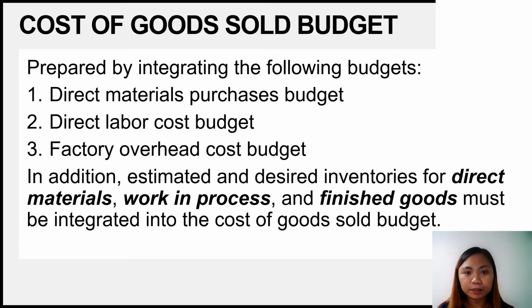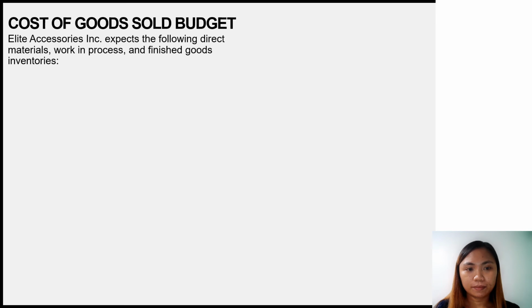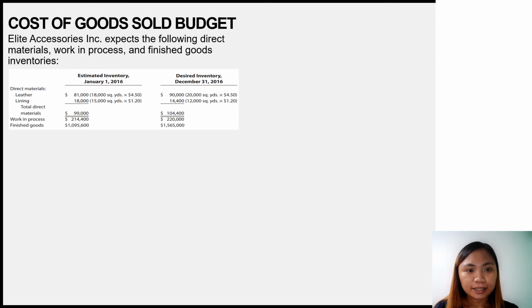So to illustrate, Elite Accessories Incorporated expects the following direct materials, work in process, and finished goods inventories. For the direct materials, the estimated beginning inventory for leather is $81,000, while it is $18,000 for the lining.